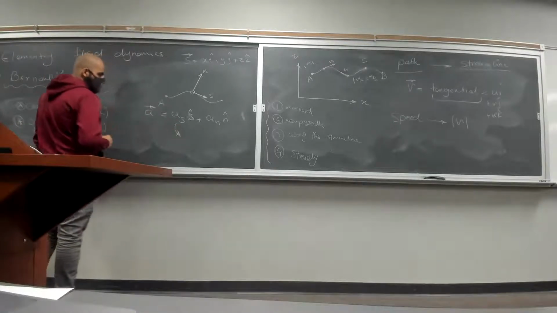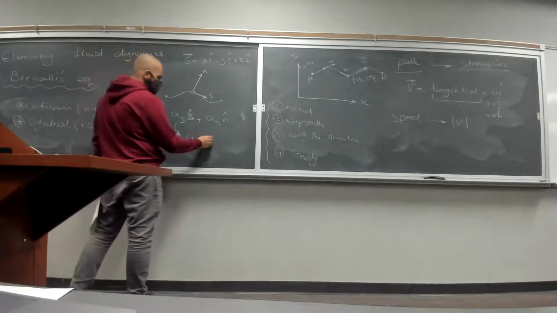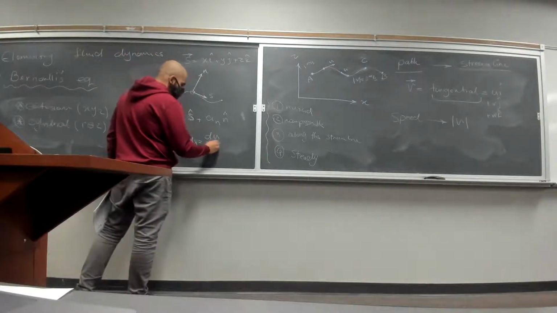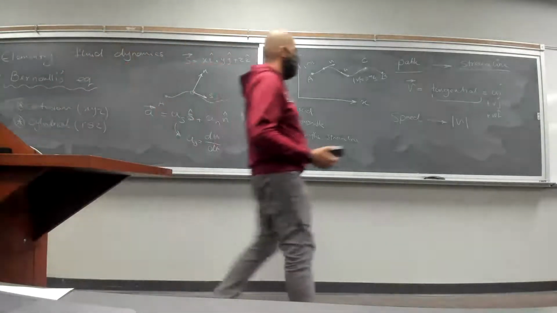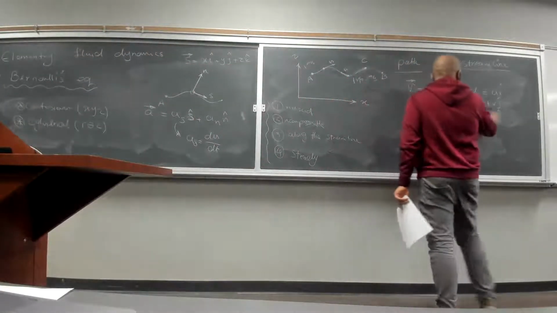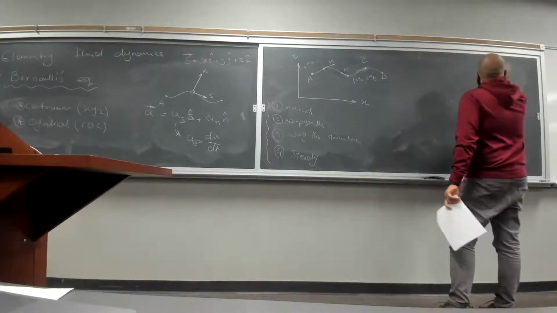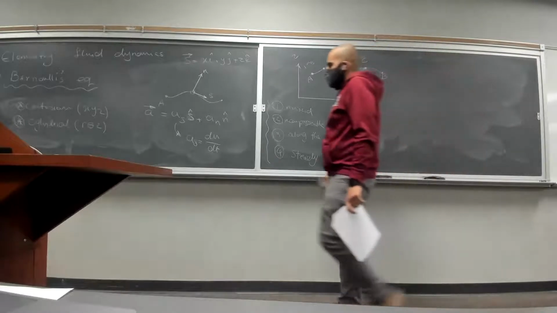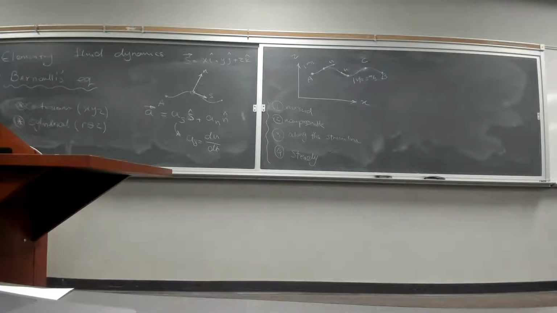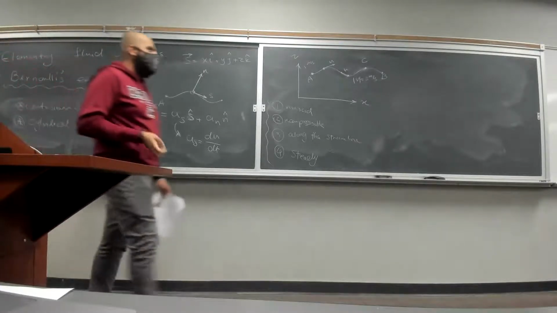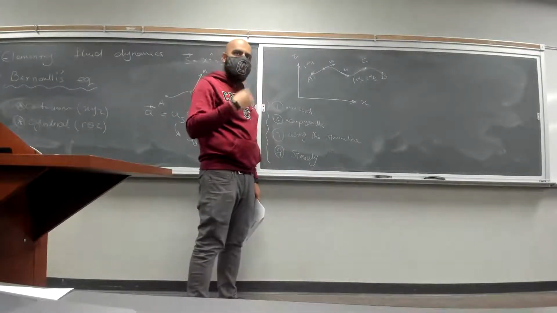This tangential acceleration. We usually define acceleration as dv divided by dt, right? The idea here is that the velocity doesn't change over time at each point, right? But we have a fluid flow.